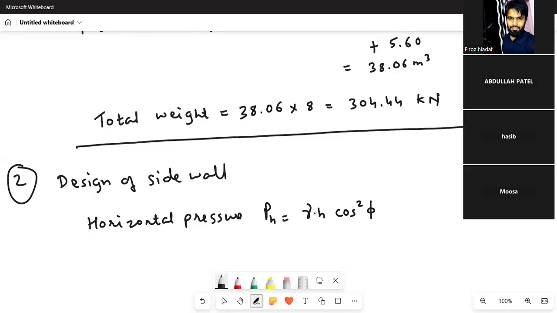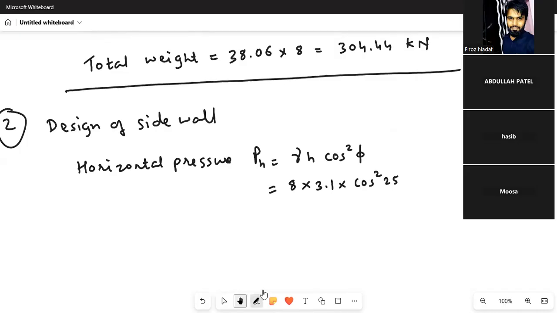We are not taking the height of the surcharge and the height of the hopper bottom. We are only taking the height of the middle portion. 8 into 3.1 into cos square 25. Okay, so this you are getting as 20.37 kilonewton per meter square.